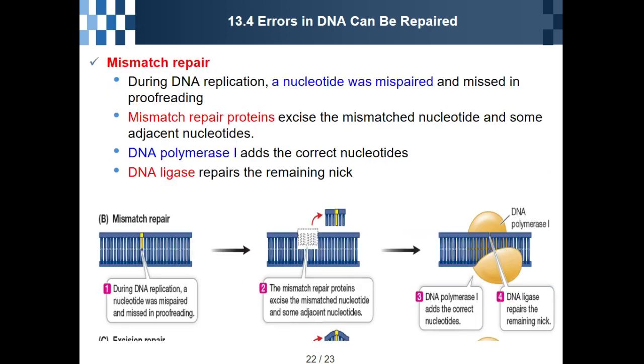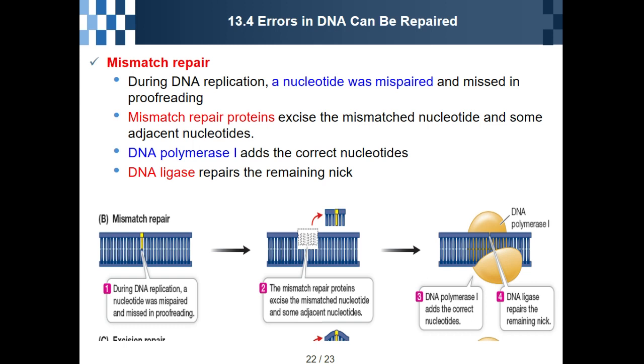Another one is mismatch repair. So usually during replication, a nucleotide is mispaired, okay? A wrong nucleotide was added. At that time, our human body has mismatch repair protein. So the mismatch repair protein recognizes this region. After that, it removes this region.